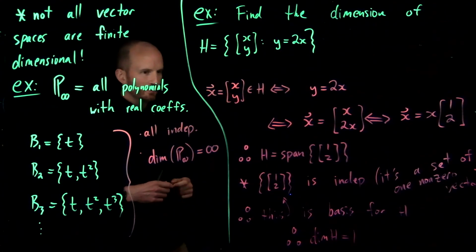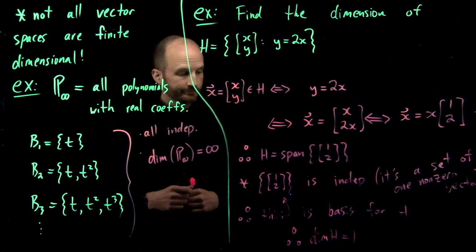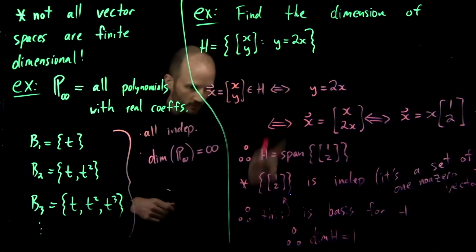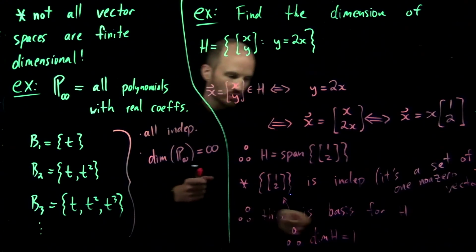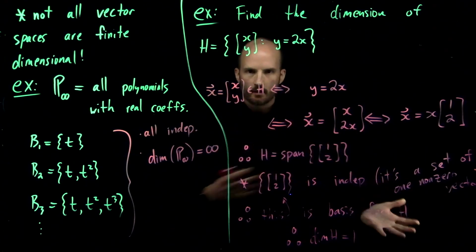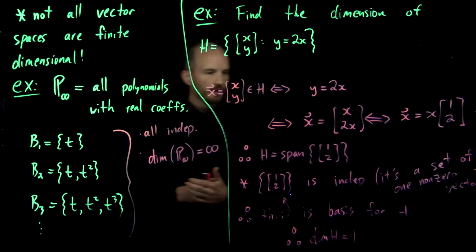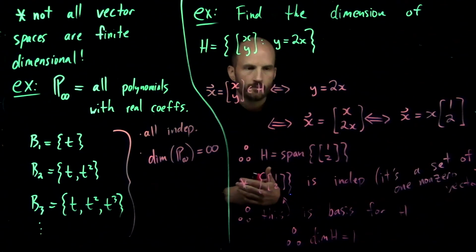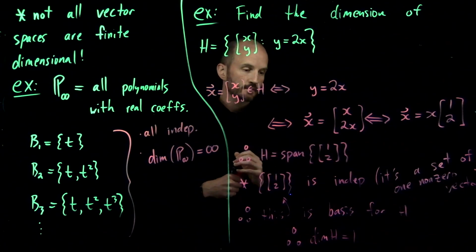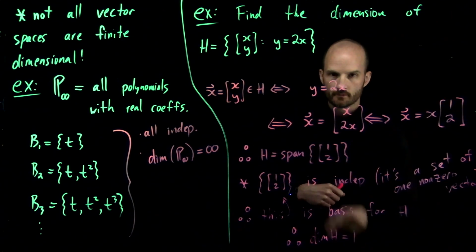So I was able to find a basis for H and convince you that it is a basis. And then once I found my basis, I merely say, well, there's only one vector in there, so my dimension is 1. In practice, you don't have to write all this. I'm doing so just for educational purposes, but in general, if you can proceed logically, find a basis, count the number of vectors in there, that's the dimension.